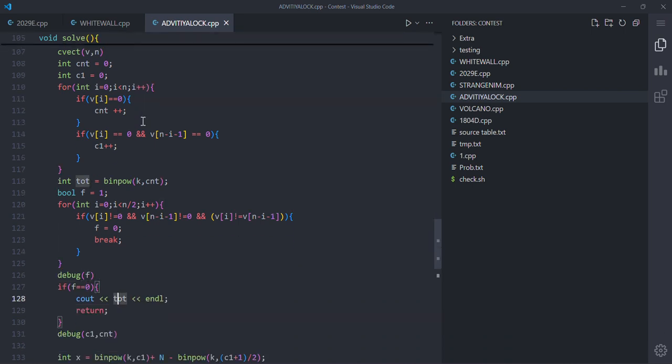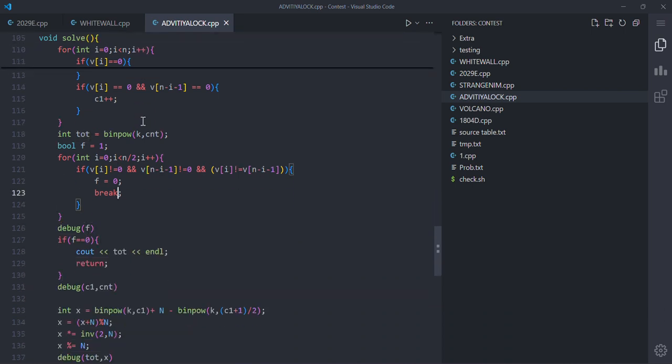We need this. And now first I am checking whether the reverse is possible or not. So if both are not equal to 0 and the value is not equal to the corresponding value on the other side, then it is not possible to create the reverse.